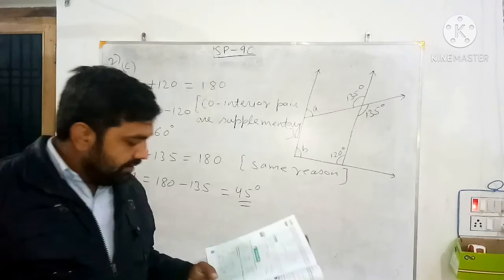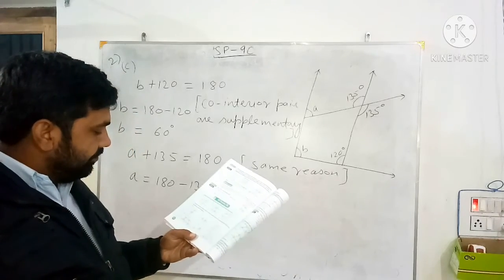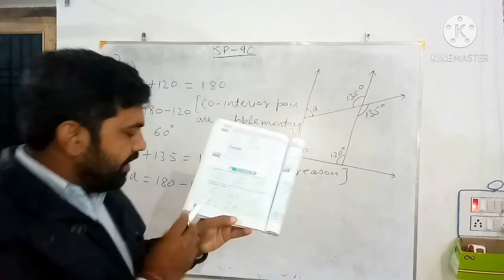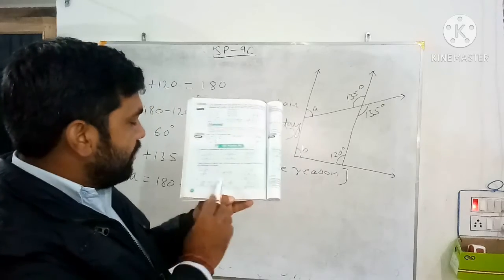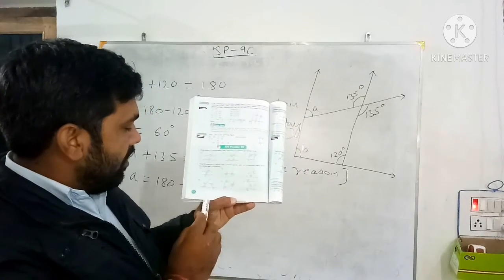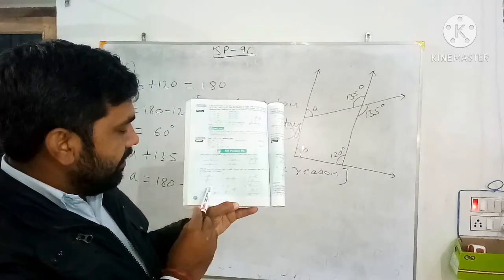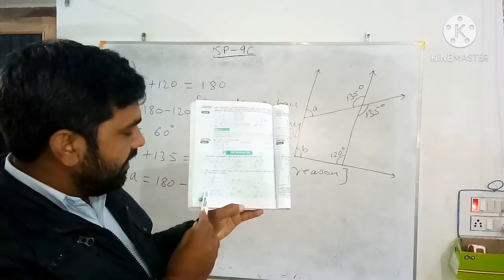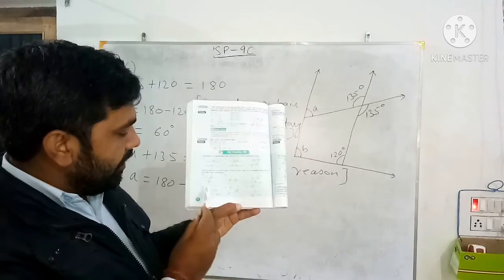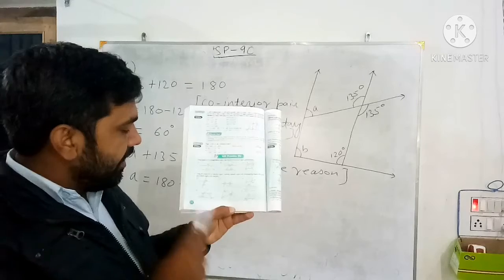Next, in question number D, you can see these two lines are parallel and this is a transversal, so angle A will equal 50 degrees because of the alternate angle. See, the letter Z will form. So angle A equals 50 degrees is an alternate angle.